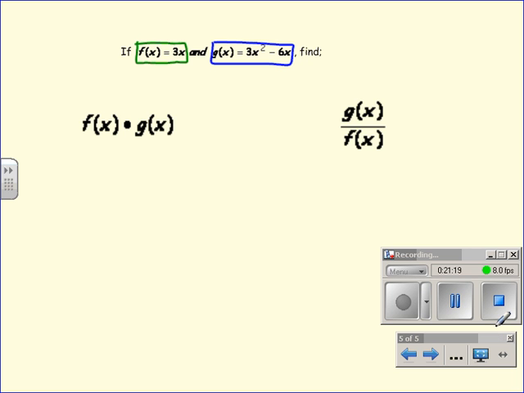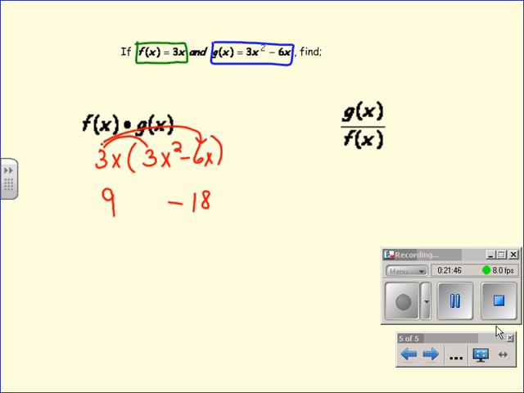So I know that my f of x is 3x, and to show that I'm multiplying it, I'm just going to put it in the parentheses. And then I'm going to have my g of x, which is 3x squared minus 6x. I start by distributing my coefficient. 3 times 3 is 9. 3 times negative 6 is negative 18.